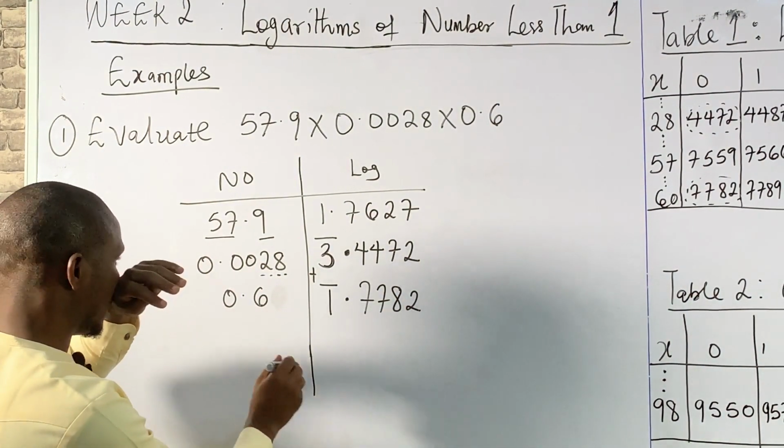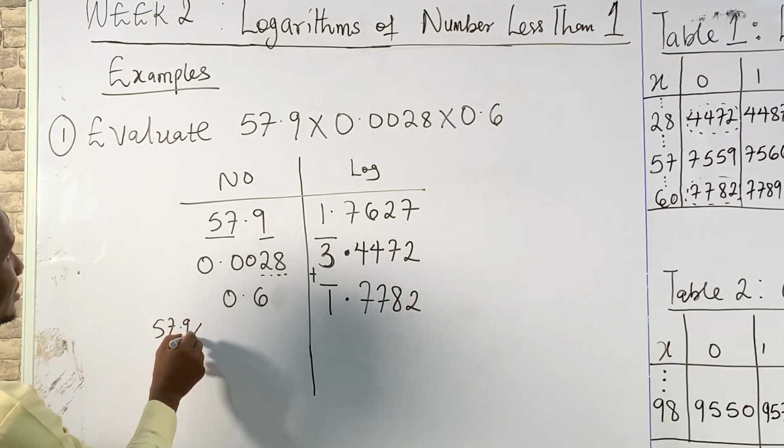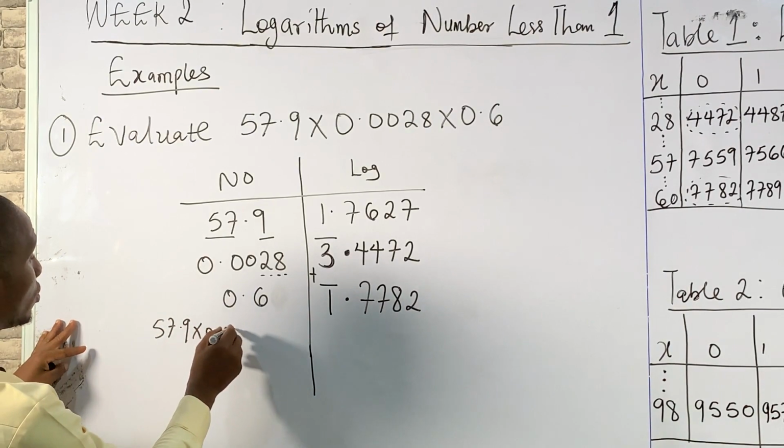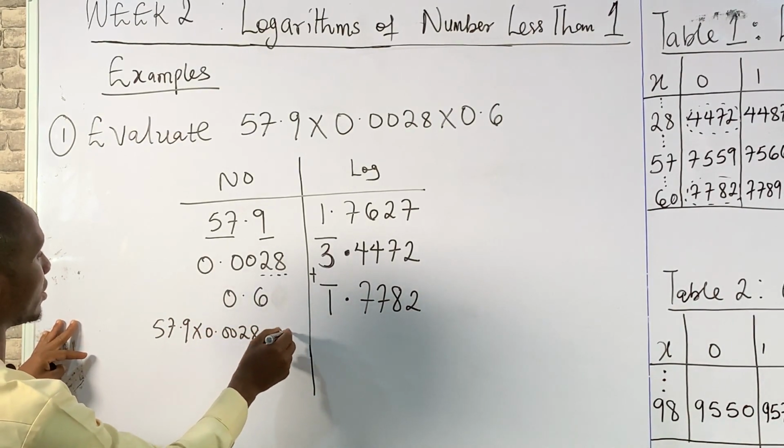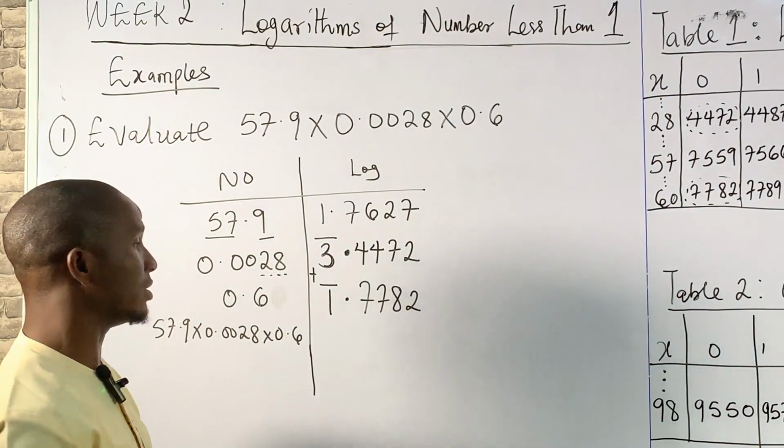Now we want to add the numbers together. That is 57.9 times 0.0028 times 0.6, which means the addition of all the numbers together.